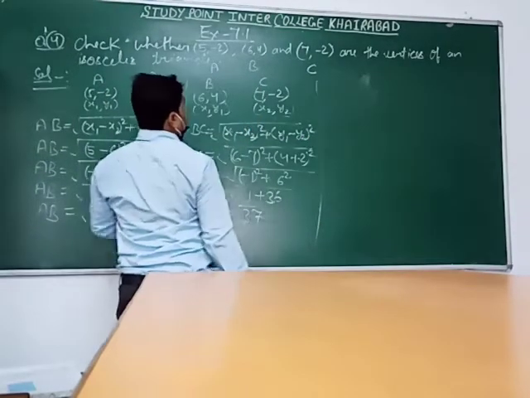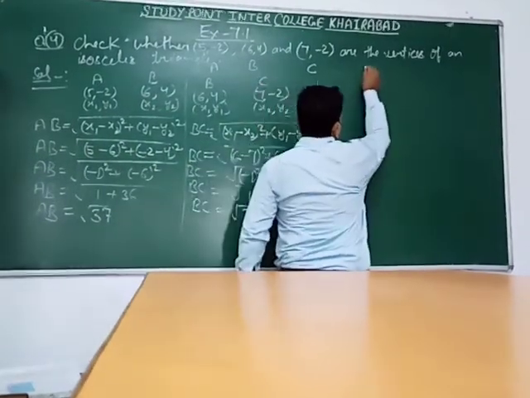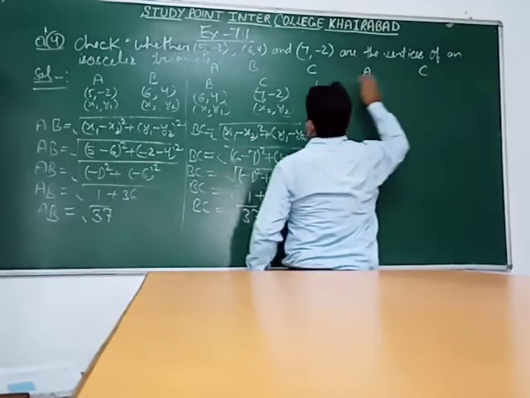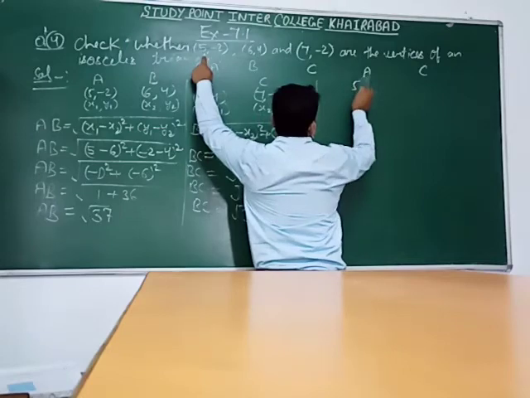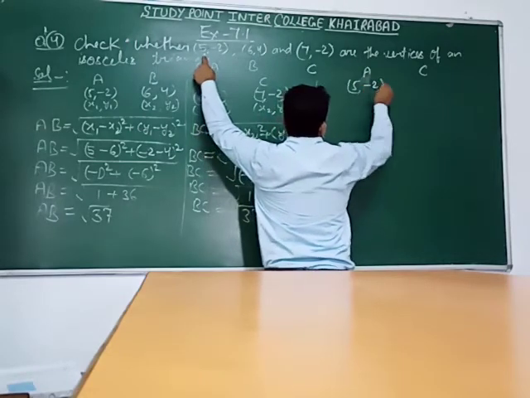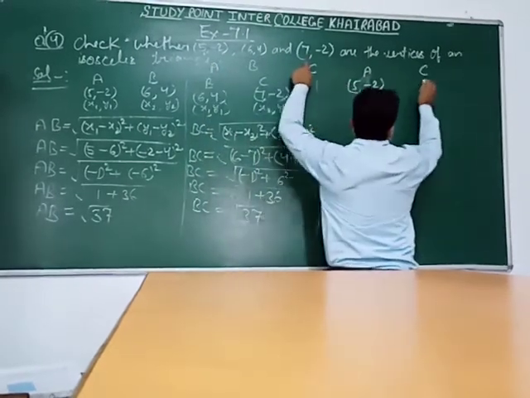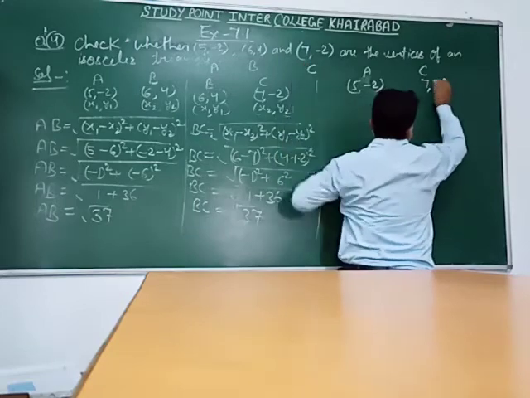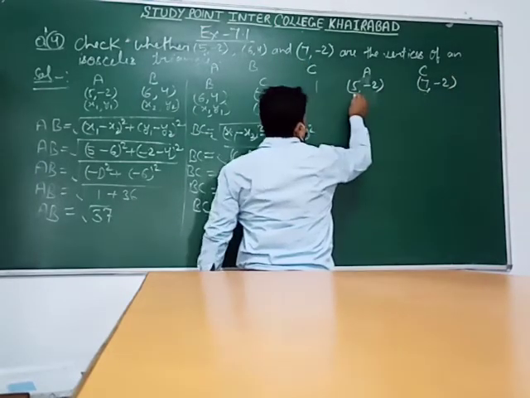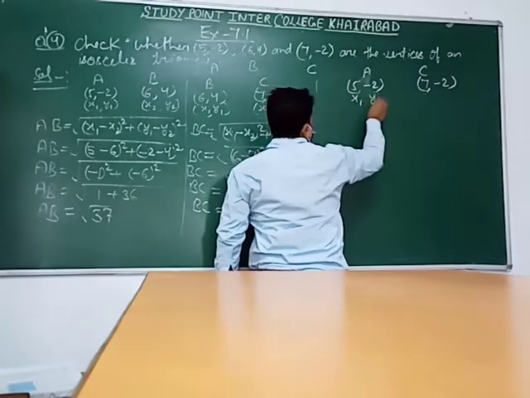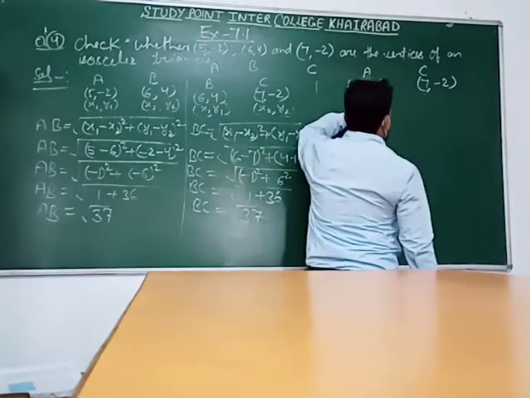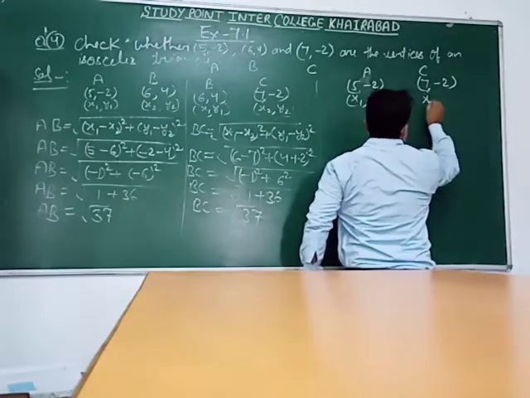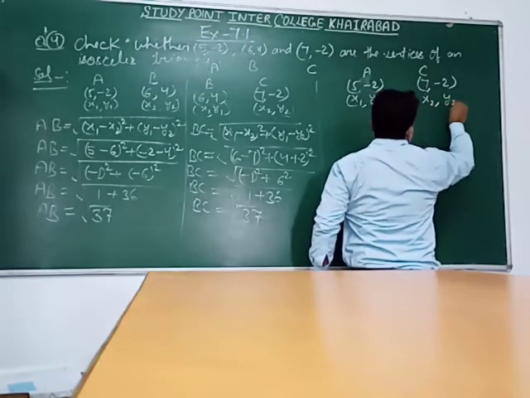Now find AC. A is (5, -2) and C is (7, -2). Mark this one as x1, y1 and this one as x2, y2.